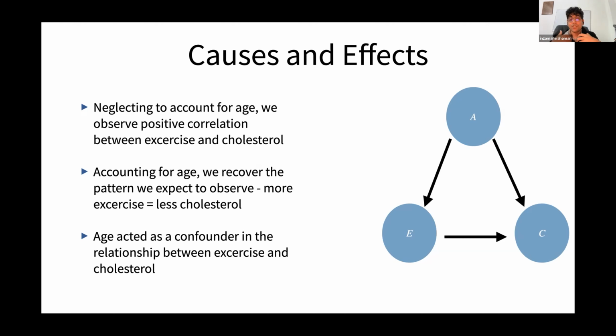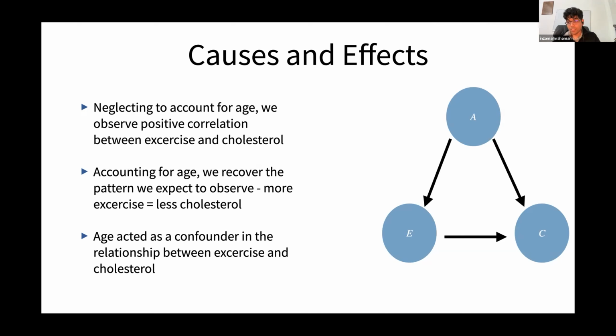So you have this case of confounding, and cases of confounding can really be misleading, and can be frustrating to deal with when you're trying to uncover causal relationships in complex data sets.